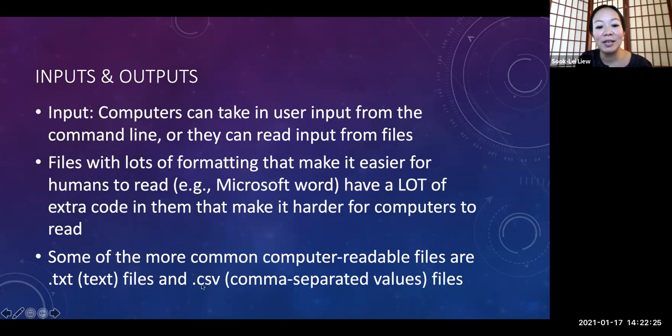And essentially, a .csv file is similar to an Excel file in that it has rows and columns in a spreadsheet, except it doesn't have all that extra fancy stuff. So it doesn't have bold, it doesn't have underline. You can't highlight cells and put colors in them or put figures, etc. It's a pretty bare bones version of a data file that just has each number or value separated by a comma. And it can be read into Excel, but it also is much easier for the computer to read.